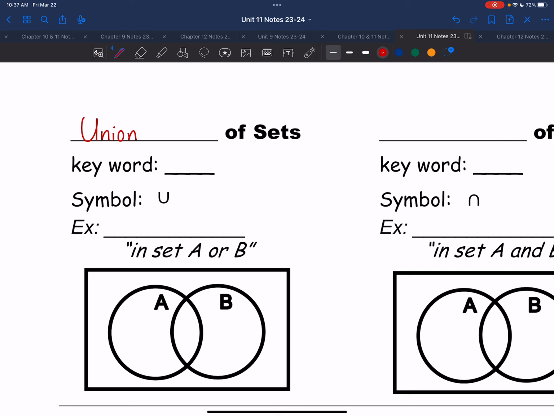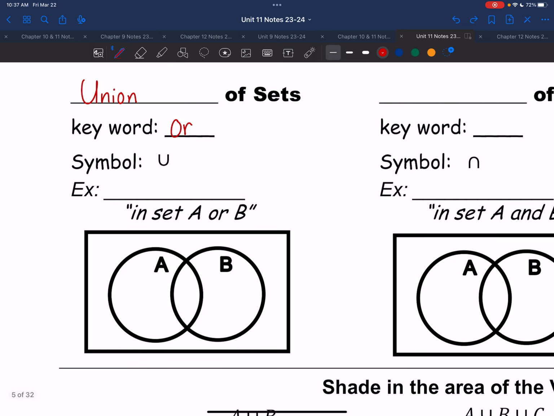The key word is or. And we use the symbol, it looks like a U, so you think U, union. And an example of this would be like A union B. In other words, what elements are in set A or B.